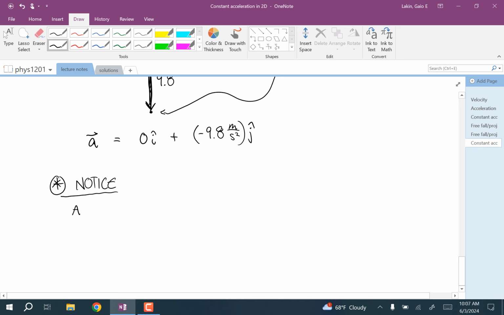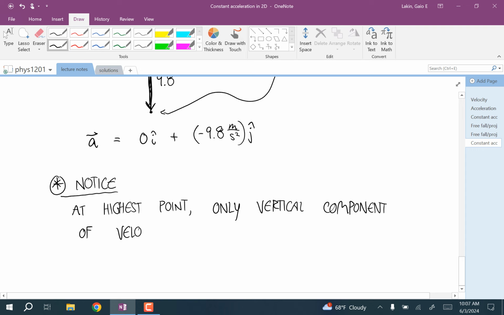So at the highest point, only the vertical component of velocity has to be 0.